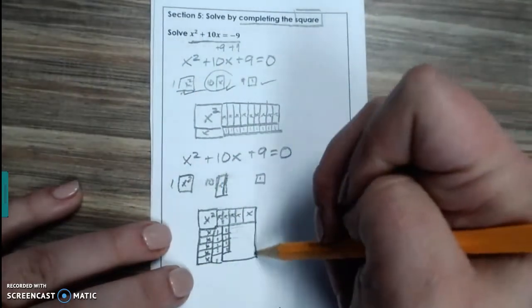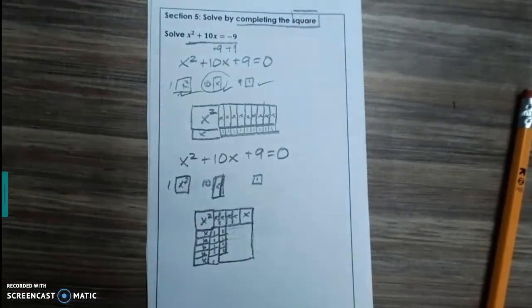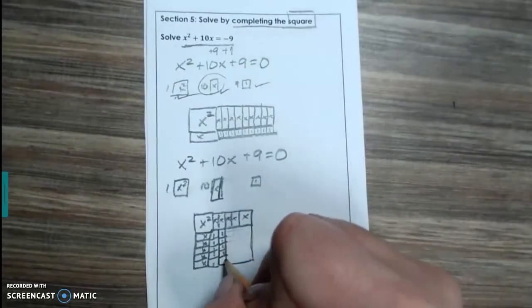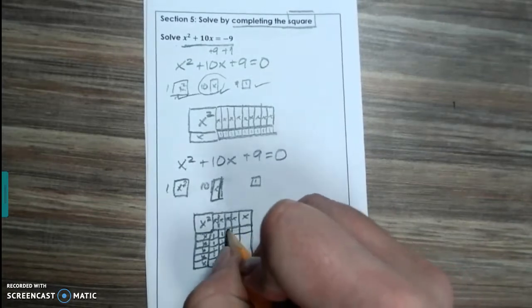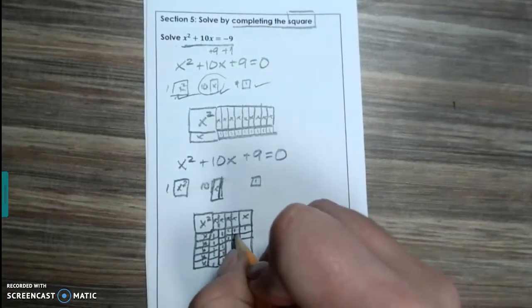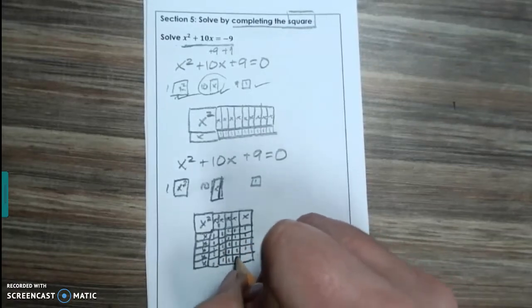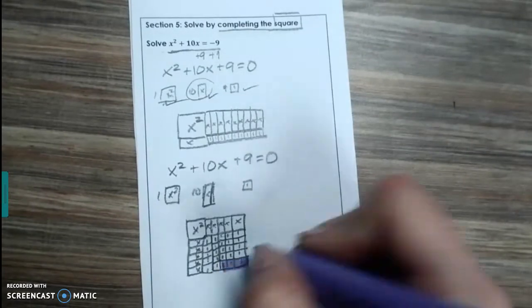If I did have enough to complete the square, I would have to have 16 more tiles added. 1, 2, 3, 4, 5, 6, 7, 8, 9, 10, 11, 12, 13, 14, 15, 16. I would have to add 16 more tiles.